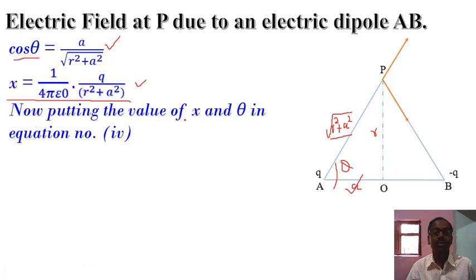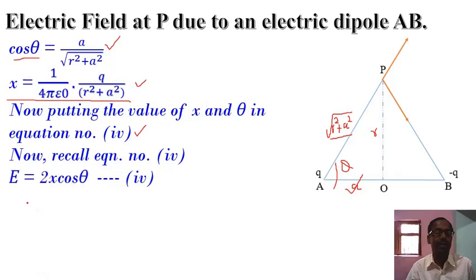Now putting the values of x and theta in equation number 4, recall equation number 4. We put the values of x and cos theta in equation number 4.